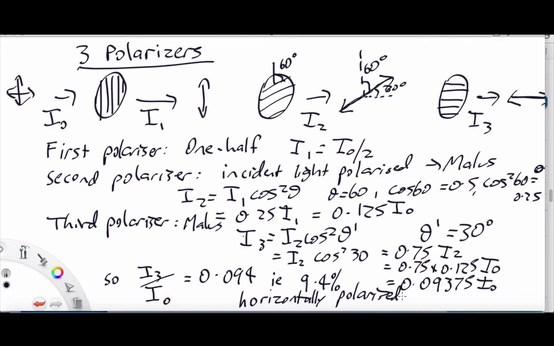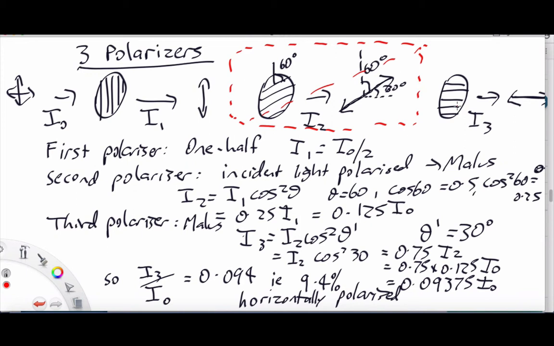Now, just to look at what would happen if we took out that middle polarizer. Maybe I'll show it in a different color, if all of this was gone, then we would simply have vertically polarized light encountering a horizontal polarizer. Theta would be 90 degrees, so nothing would get through.